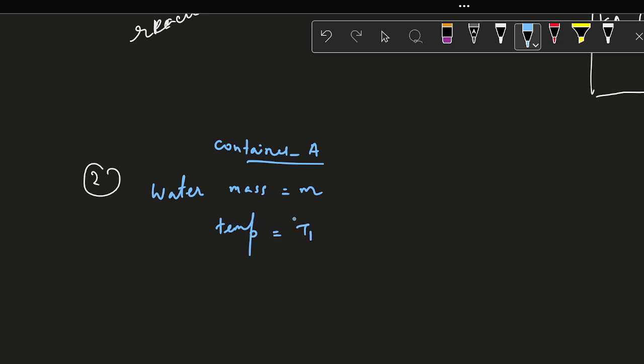Okay, and there is another container, container number B, where water is also kept of the same mass. Same mass, same volume, whatever, that is the same mass m, but the temperature of this water is different. It is T2 Kelvin.